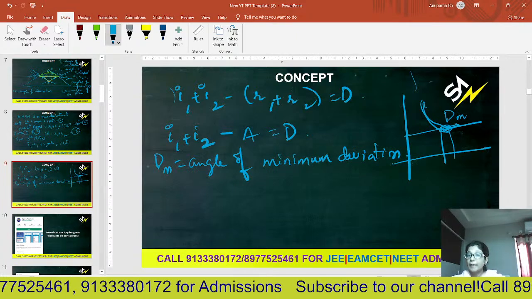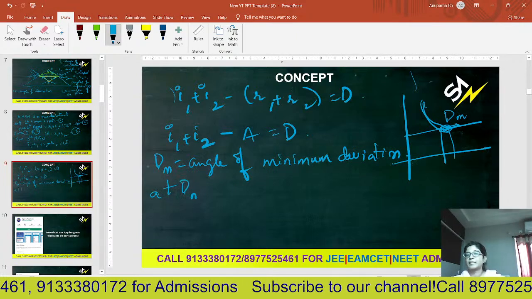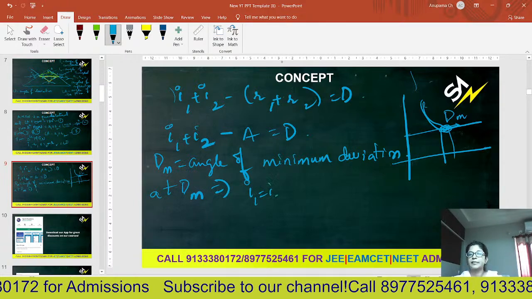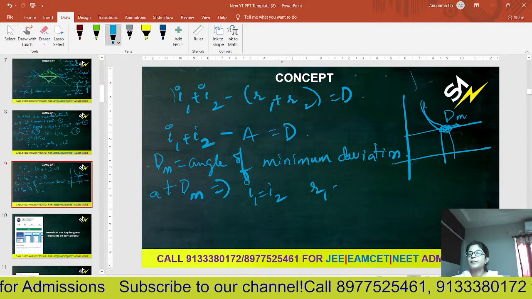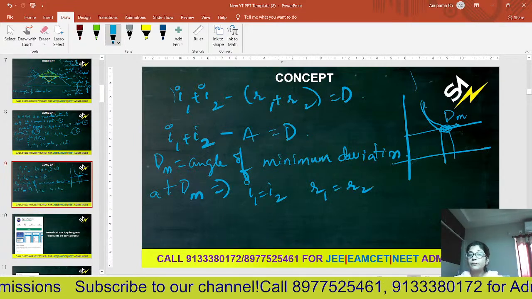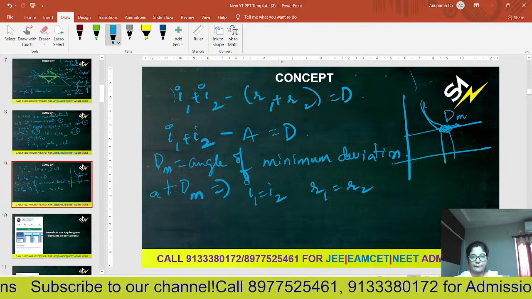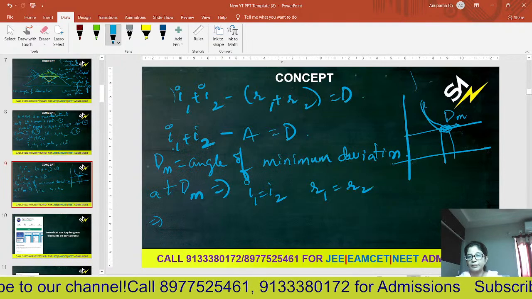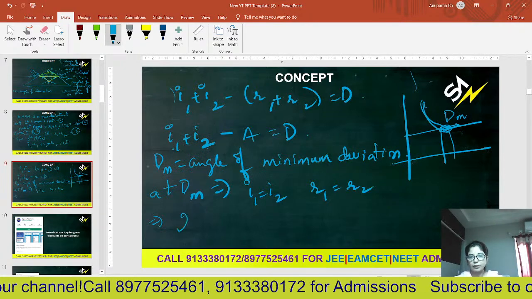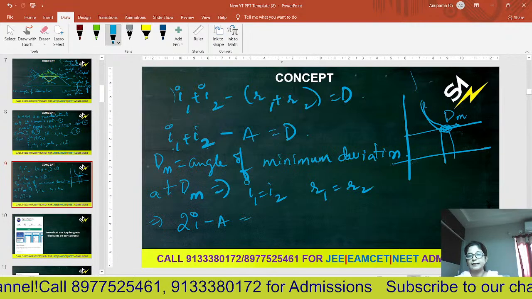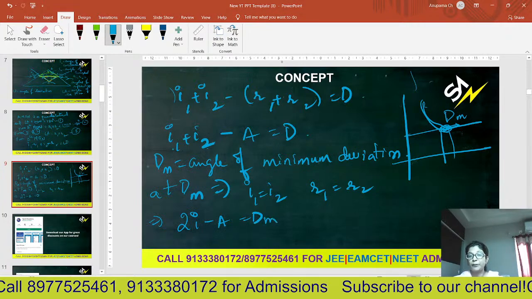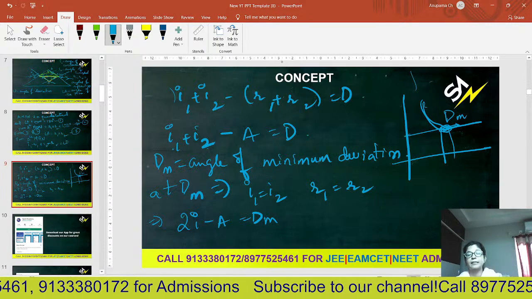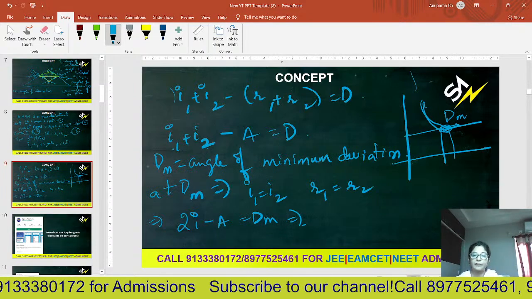Right? At the angle of minimum deviation, there are conditions here. At the angle of minimum deviation, I1 is equal to I2. R1 is equal to R2. Now what we will do? We will put all these now. Okay? That means I1 is equal to I2, so if you put these values here, I get 2I minus A is equal to D. DM, not D. Now D is becoming DM, that is we are applying the minimum deviation conditions, right?